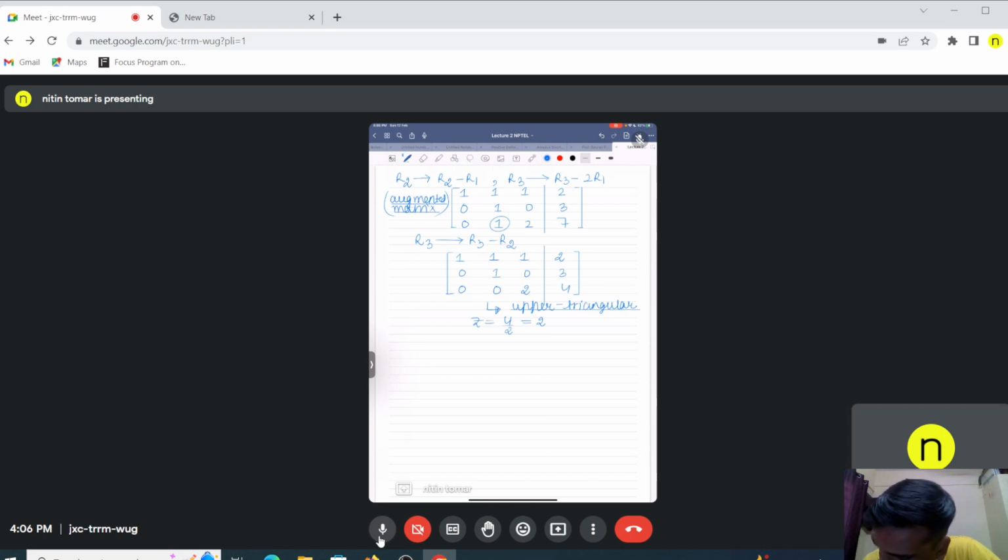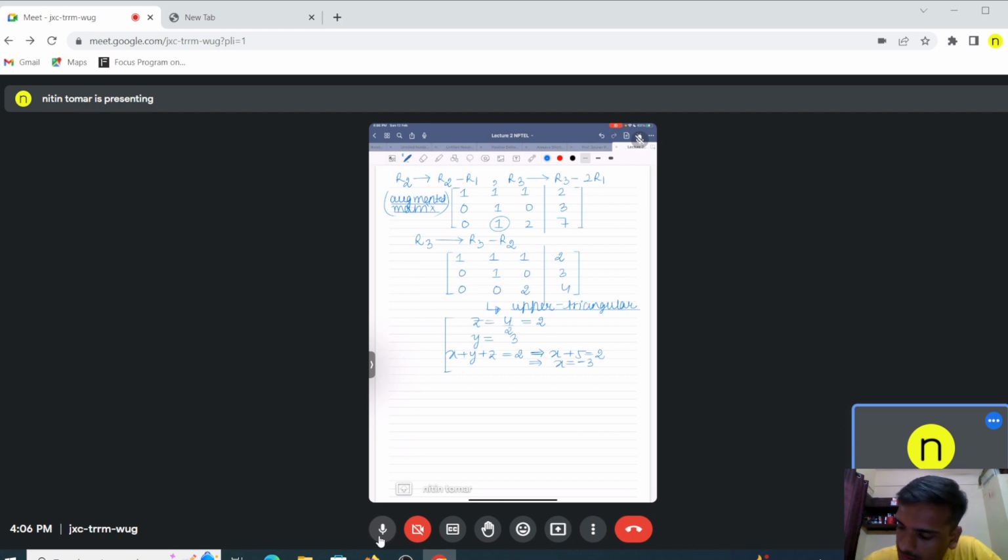Yes, sir. Then y will be 3, correct? Yes. X is equal to? This reads x plus y plus z is equal to 2. So this implies x plus 3 plus 2 equal to 2. So this implies x must be minus 3. Yes.